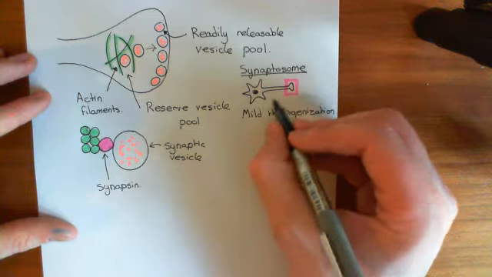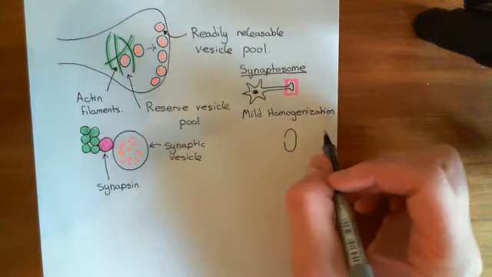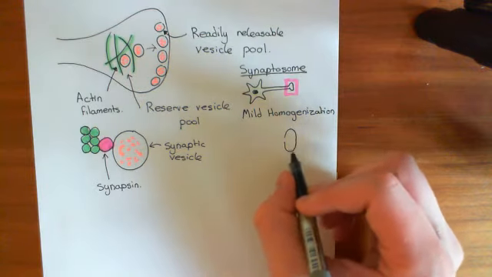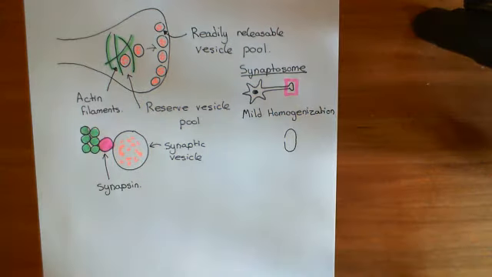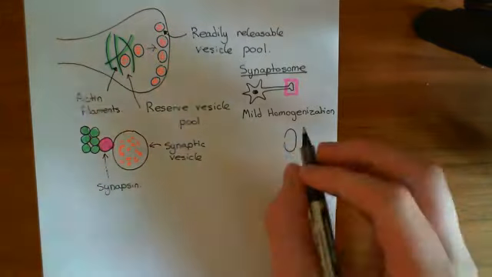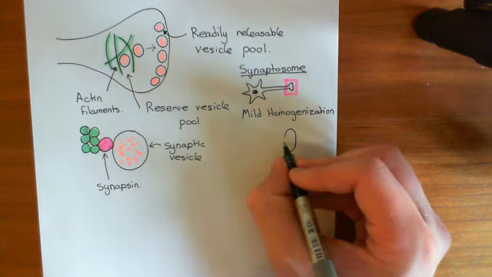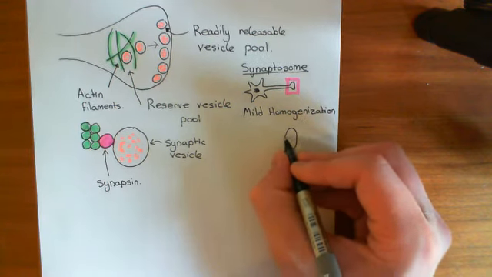It's had the rest of the axon chopped off it by the homogenizer. But if we only do mild homogenization, then the axon terminal might just happen to remain intact. Now, when it has its axon chopped off, the membrane fuses back up.